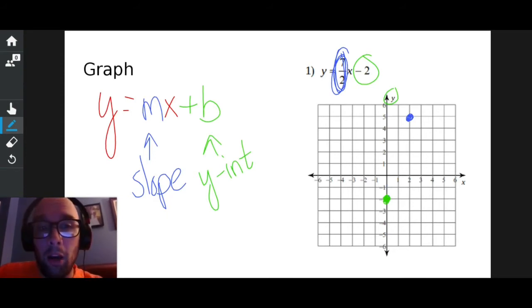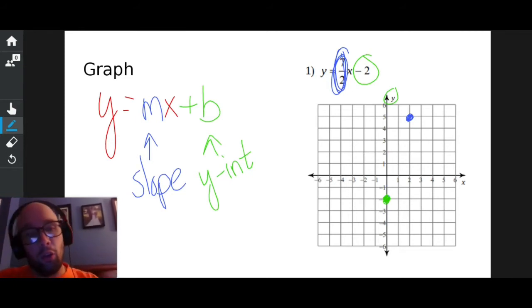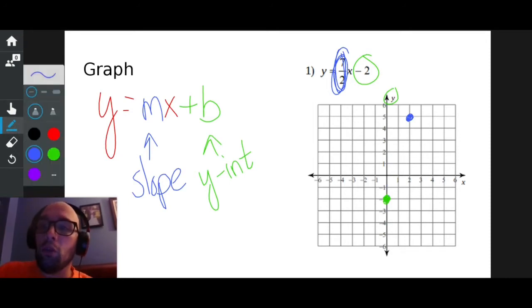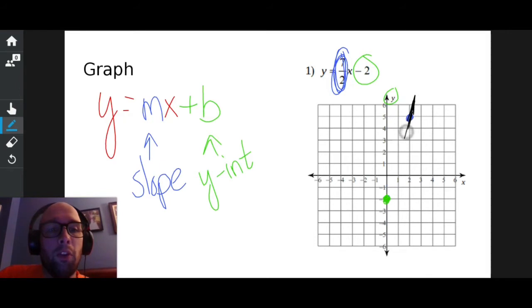I can go to my original dot, and maybe instead go down 7 left 2, but can't do that either. That's okay. If you have 2 dots, that's all you need to draw a straight line. And my lines are never perfect with these guys because I'm drawing on a computer screen and it's never ideal. But there you go.